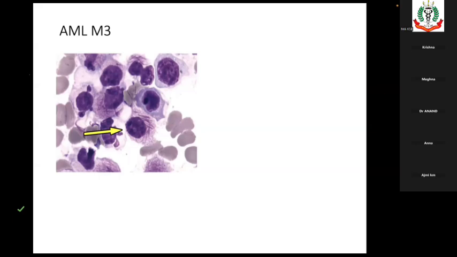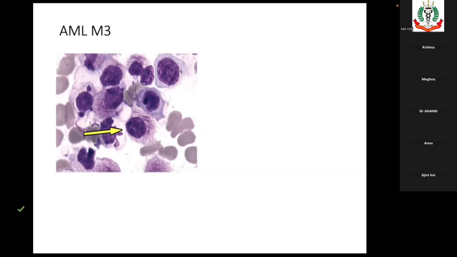Okay, so acute leukemia is again asked as a clinical essay. Your teachers must have taught you how to identify which is acute leukemia and which is chronic myeloid leukemia. So you look at the history properly.